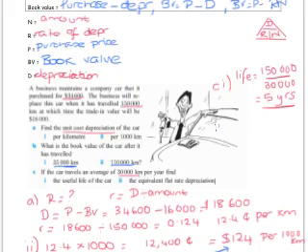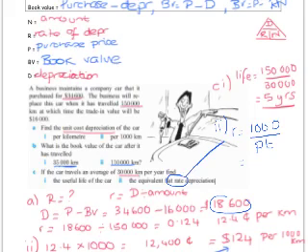In part 2, we're actually being asked to find the equivalent flat rate depreciation. So we have to think back to flat rate depreciation. I'm trying to find the rate. So to find the rate, R is 100 times the depreciation over PT. Depreciation we found out earlier in part 1.